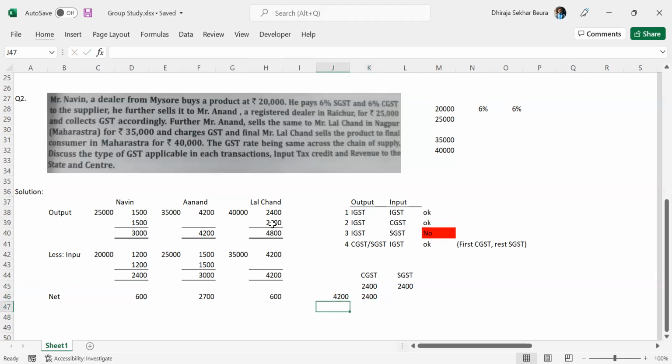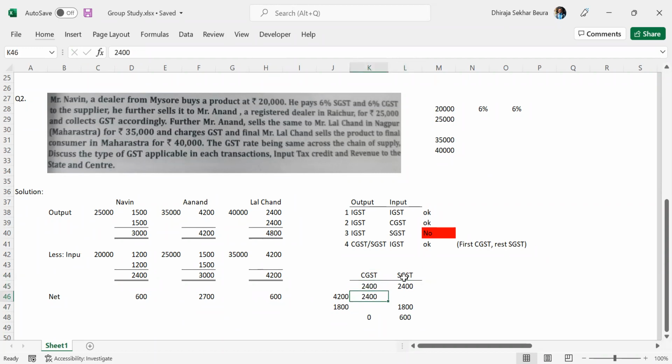What is the balance left? When you deduct, the rest 1800 will go for SGST. Now your final liability, CGST becomes 0 and your SGST becomes 600. So this is why I was saying this 600, whatever is the net GST liability, is actually SGST, not CGST. Any more questions, please?